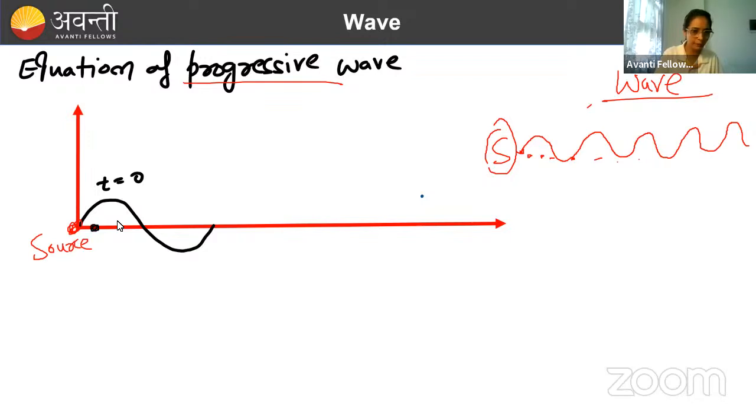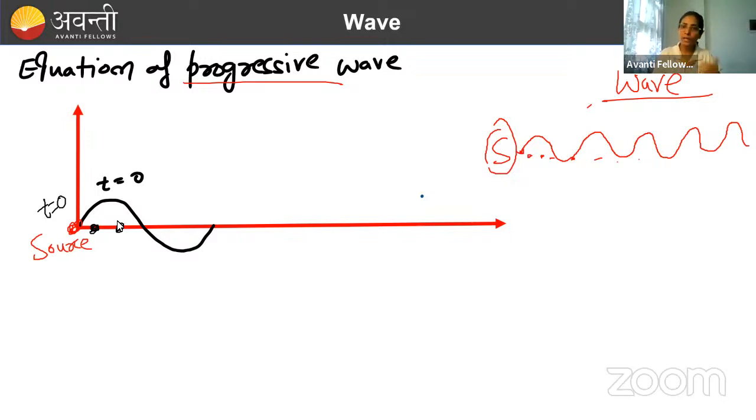Suppose I have taken this point and this point. At t equal to 0, the wave got generated. So if you take a snapshot, a photo of the wave at t equal to 0, then that snapshot will look like this, the one that is visible in your diagram, right? So this is the snapshot of the wave.